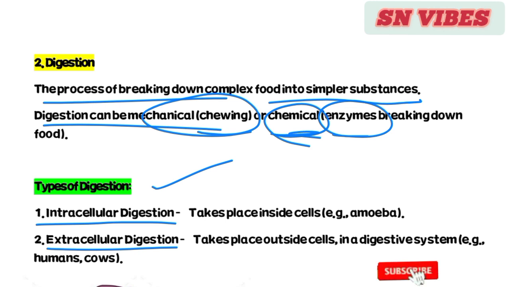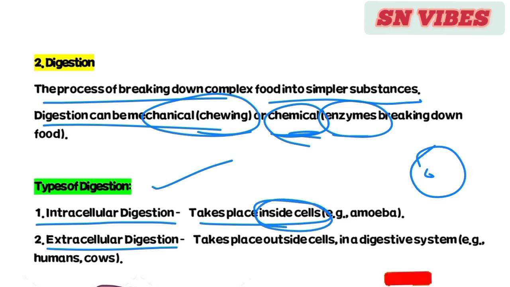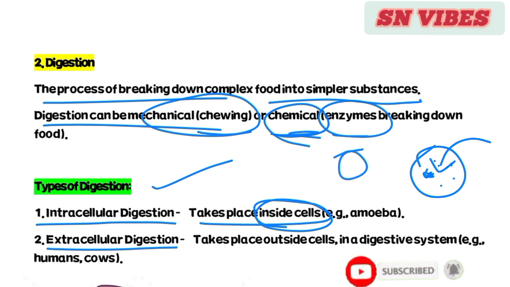What is intracellular digestion? Intracellular digestion takes place inside the cell. If this is a cell with the nucleus and other organelles, and the digestion occurs inside the cell, then it is called intracellular.